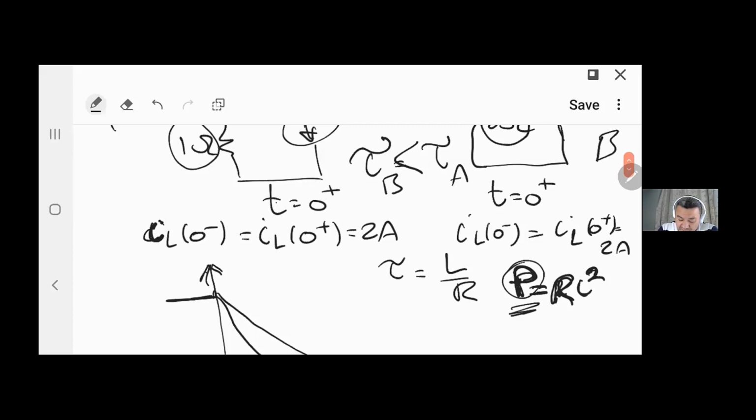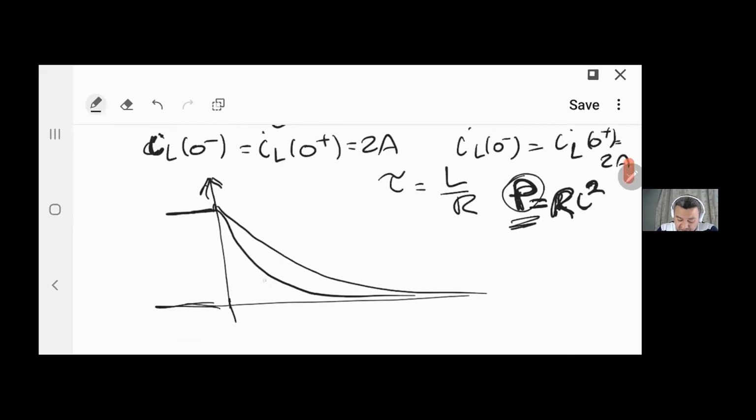Tau is the time the current takes to decay by 63% of your starting value, right?